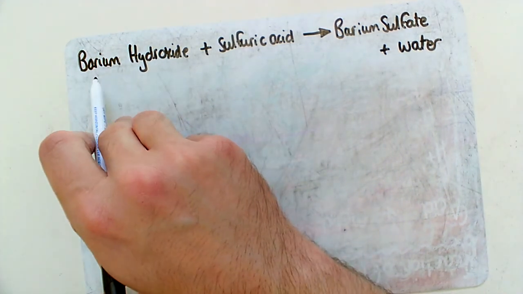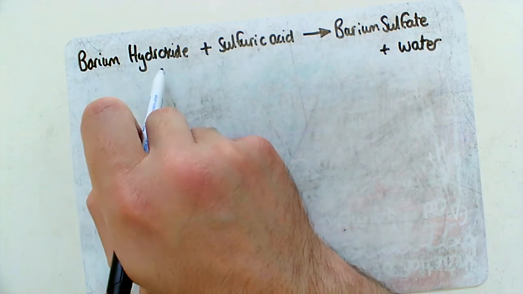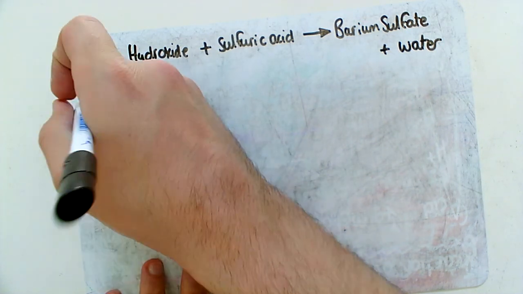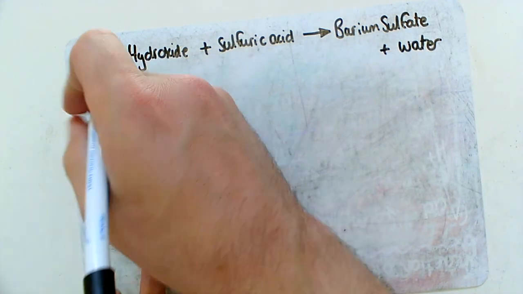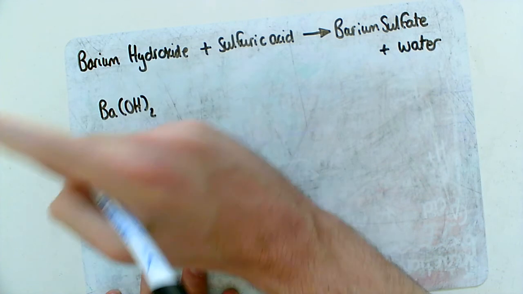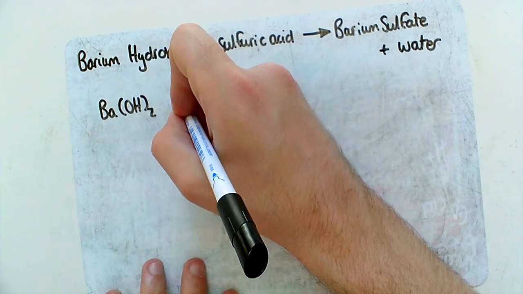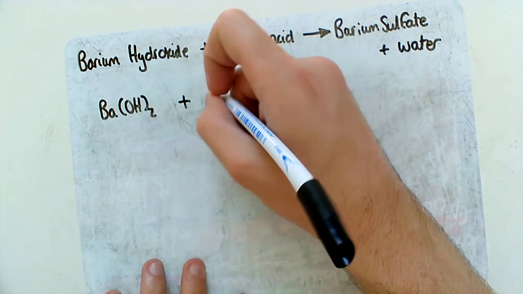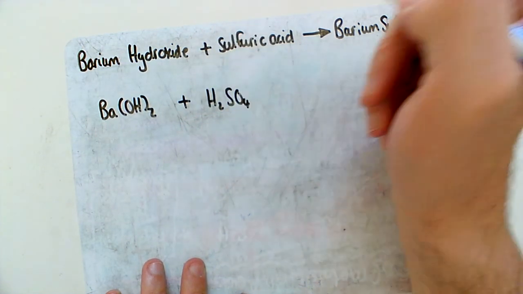So now we need to write out the chemical formula for each one. Now barium's a bit different because barium has a valency of 2, hydroxide has a valency of 1. So when we write the chemical formula out, it's going to be Ba(OH)2. Now we add our sulfuric acid, H2SO4.